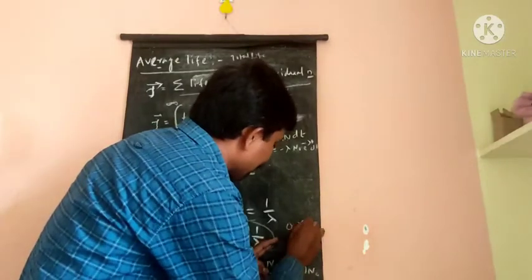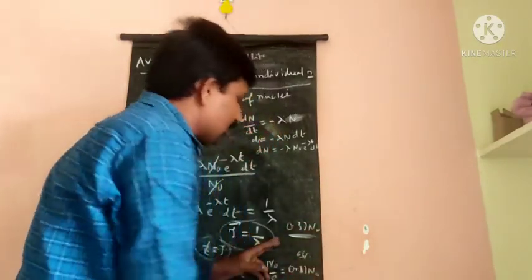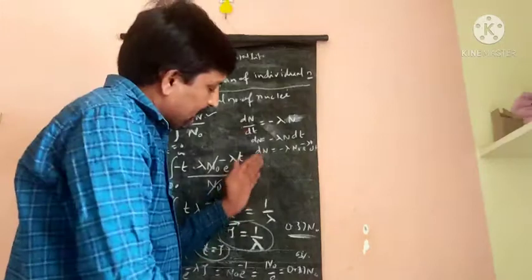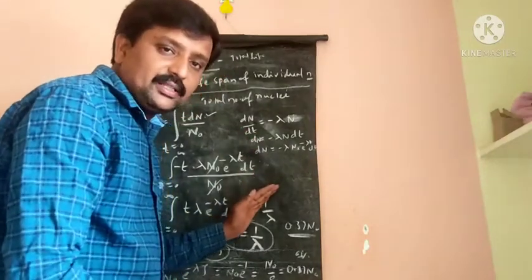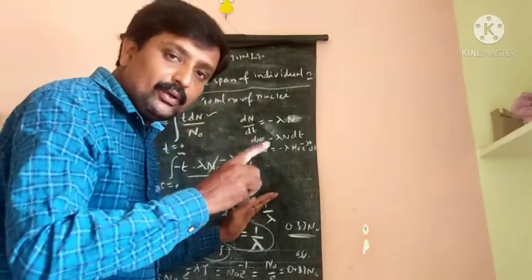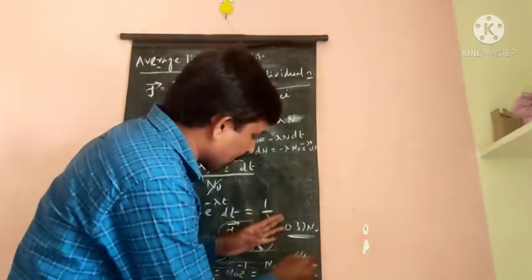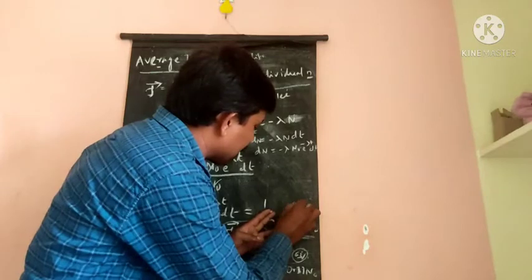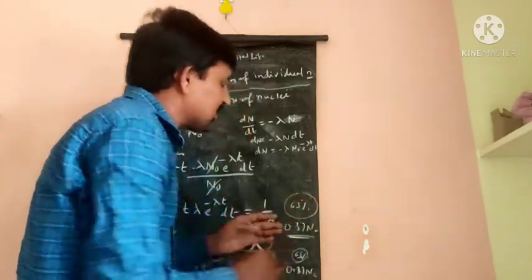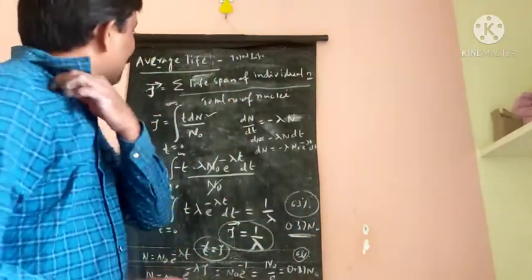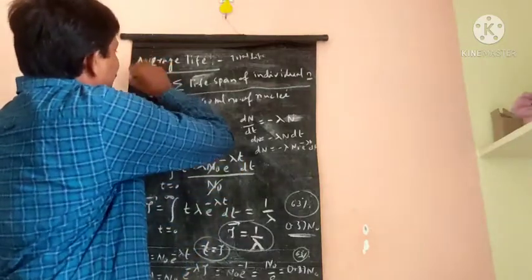So the original nuclei disintegrate, and how much percentage is it? 63% disintegrated. So the time for 63% disintegration is known as the average life.